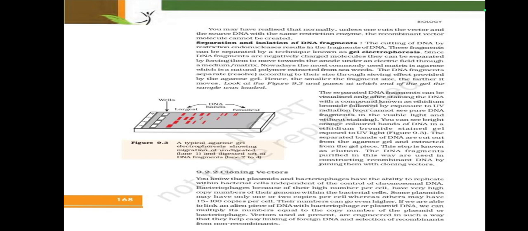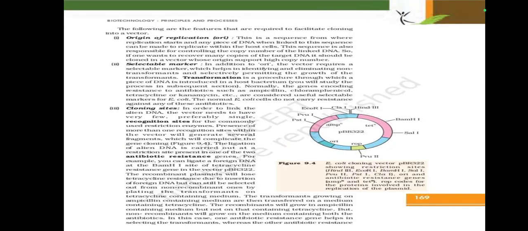Vectors used at present are engineered in such a way that they help easy linking of foreign DNA and selection of recombinants from non-recombinants. The following are the features that are required to facilitate cloning into a vector. Origin of replication, ORI.